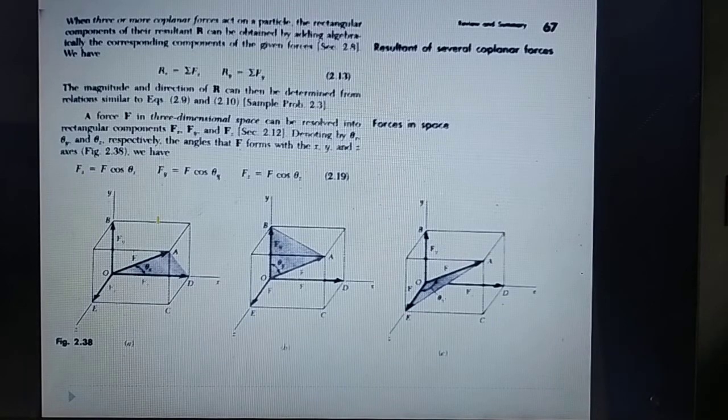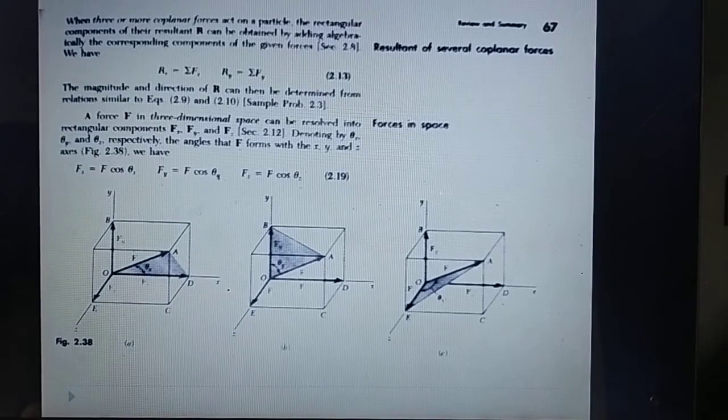Sometimes the z-axis represents the vertical axis. So here, the y-axis is the vertical, the x-axis is along the horizontal, and the z-axis is the axis towards us.